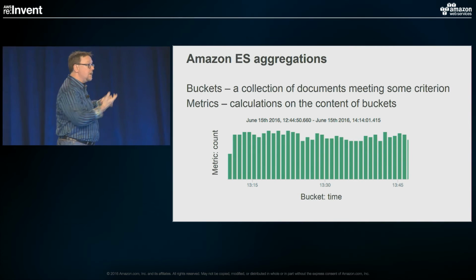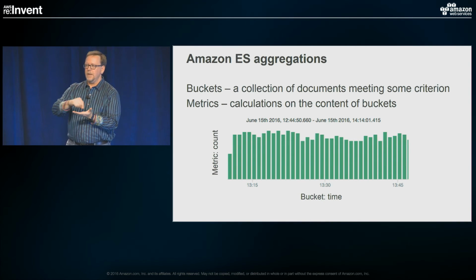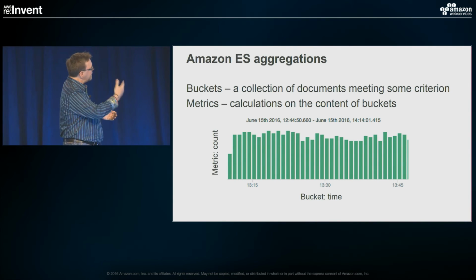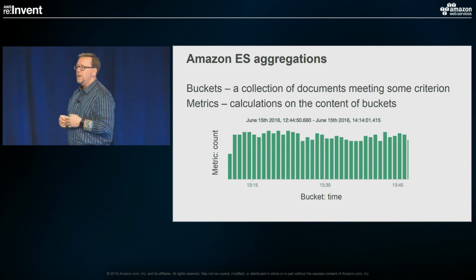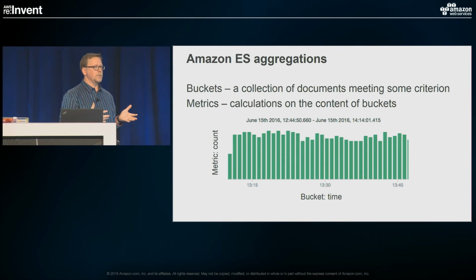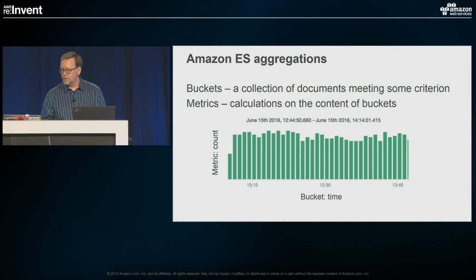Then I can compute a metric on that bucket. In this case, my metric is count. I just count everything that's in each of those buckets. So when I display this graph, what I'm seeing is each of these time slices, and how many things are in them. Everything that you do in Kibana really has this concept of buckets and metrics behind it. I got confused with Kibana for a long time until I understood this.